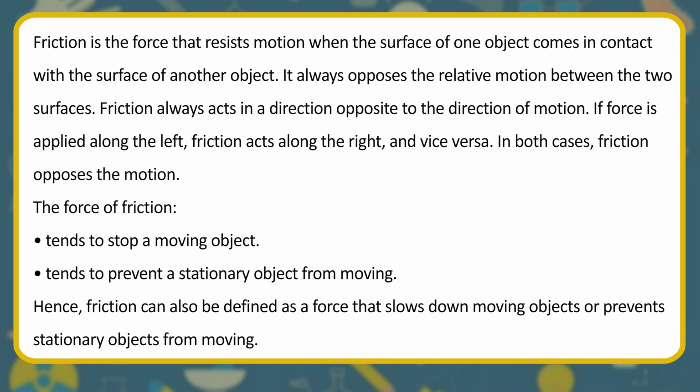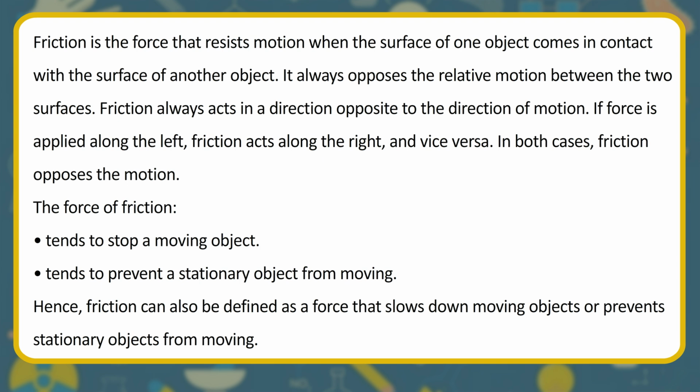Friction is the force that resists motion when the surface of one object comes in contact with the surface of another object. It always opposes the relative motion between the two surfaces. Friction always acts in a direction opposite to the direction of motion. If force is applied along the left, friction acts along the right, and vice versa.